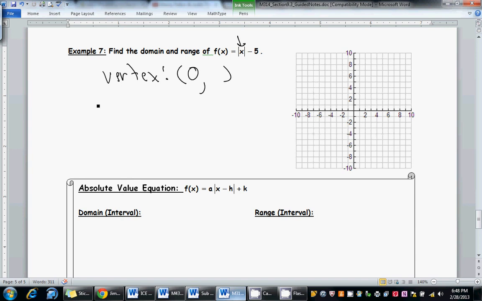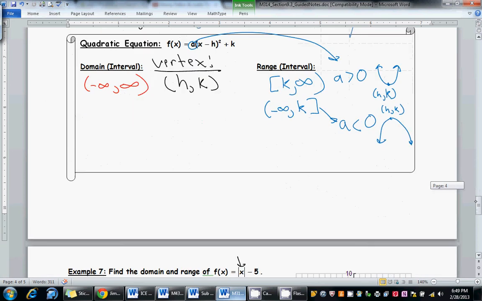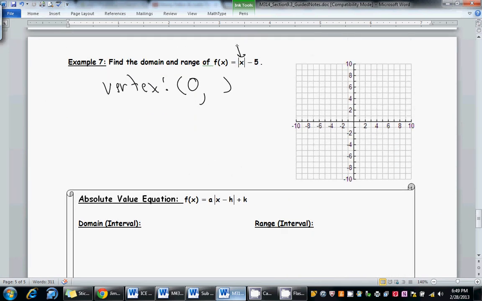So the x value is 0. Compare that to what we did on this last one. I was subtracting 3, so I took the opposite value there, and the vertex became 3. I would do the same thing for absolute value, but I'm not adding or subtracting anything. So the x value here is just 0. And the number on the outside, the minus 5, becomes the y value. So (0, negative 5).